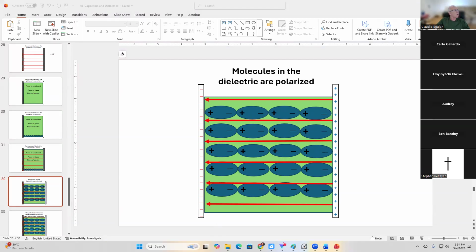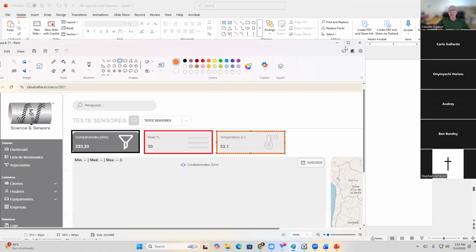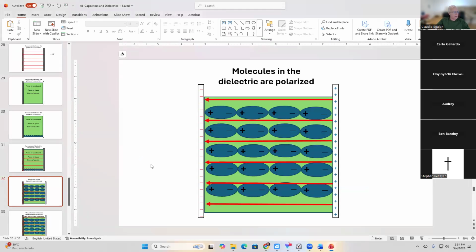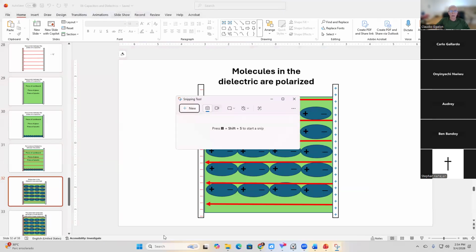Sometimes this thing doesn't work. I don't know why. Let's try it again. Windows modified the snipping tool, and it looks like there are still some bugs in the new snipping tool. Let's try it again.